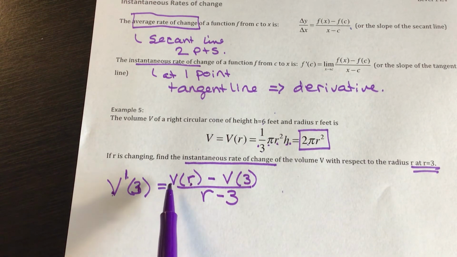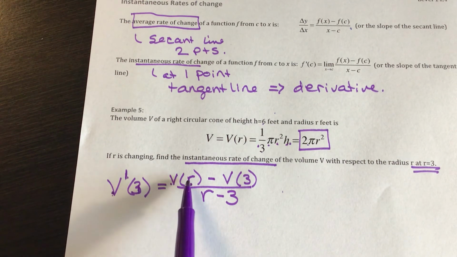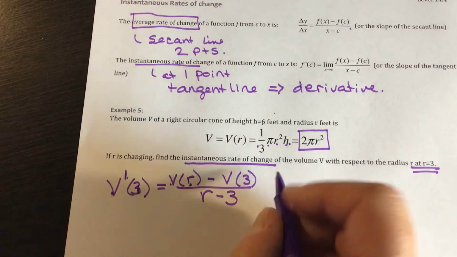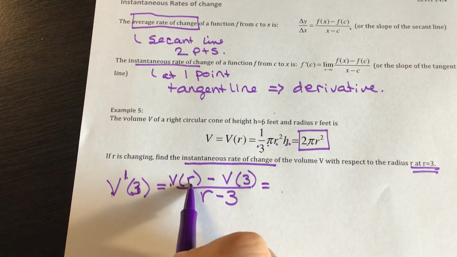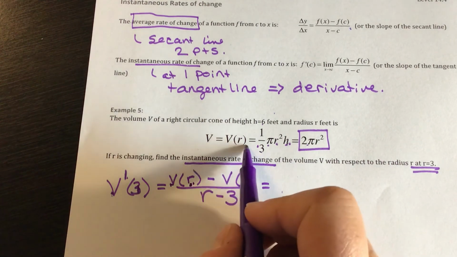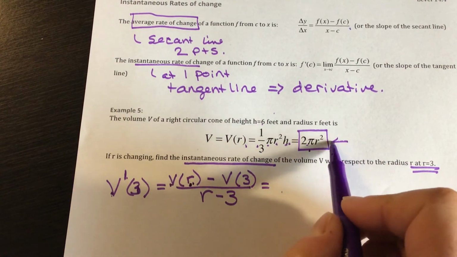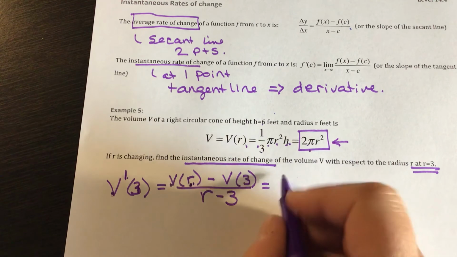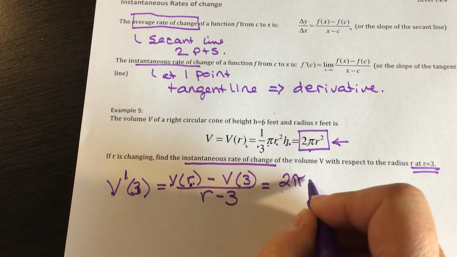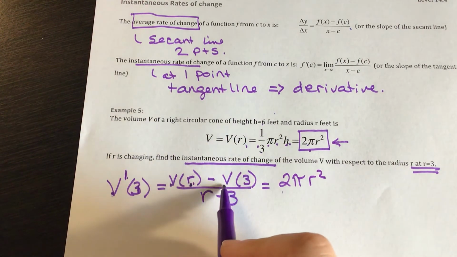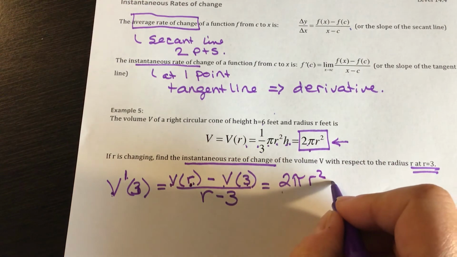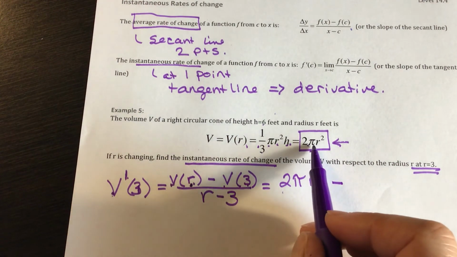We're just, instead of f of x, we have the function is the volume, and the independent variable that's changing is r. So what's the function V of r? It's right here: 2 pi r squared minus V of 3.